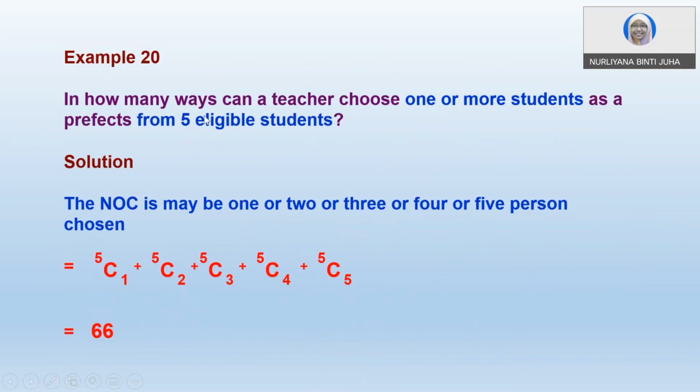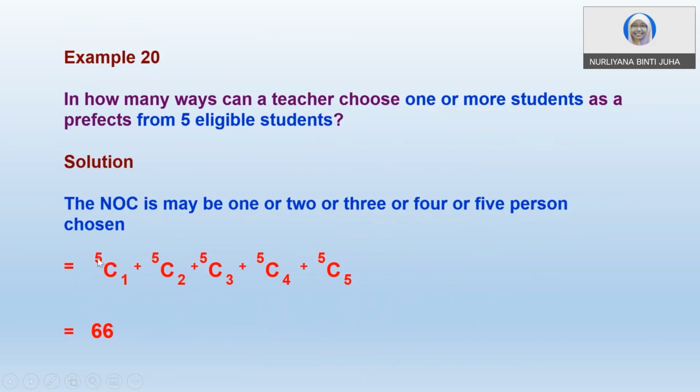So, kita ada 5 orang, but you need to choose one or more. So the number of combinations may be 1 or 2 or 3 or 4 or 5. Sebab dia tidak mention berapa, dia just bagi tahu 1 ataupun more. So it can be 1, 2, 3, 4 and 5.